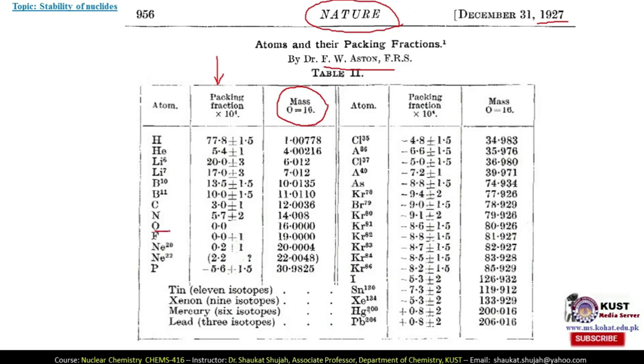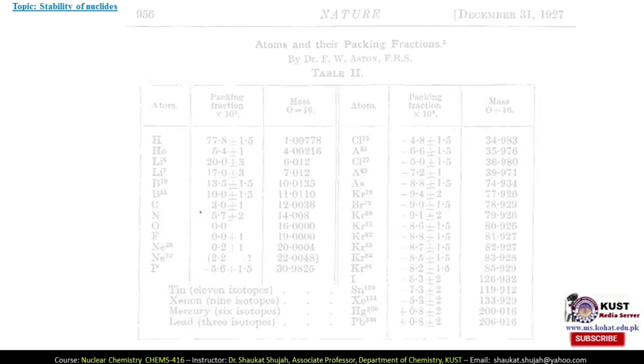Therefore, for oxygen he is getting a value of 0 for the packing fraction, and fluorine is monoisotopic, so again the packing fraction value is 0. And you can see that the majority of the nuclides have negative packing fraction values. Some of the nuclei have positive packing fraction values.